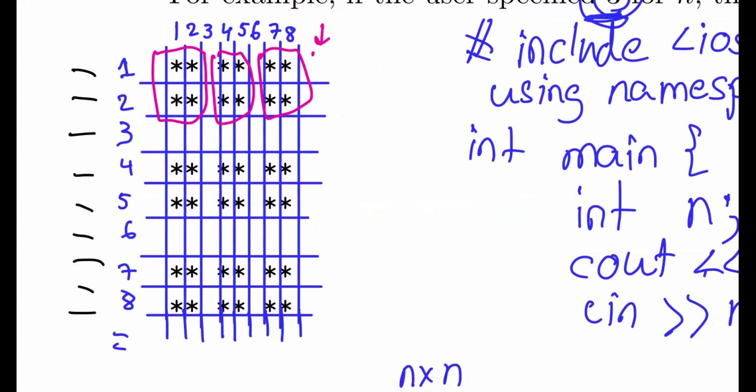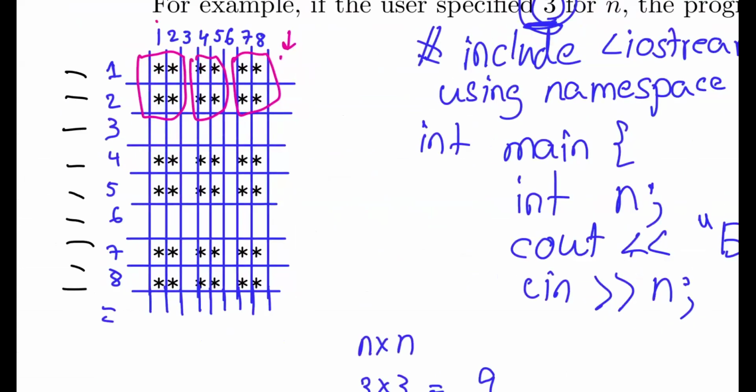So 1, 2 are not divisible by 3. 3 is divisible by 3, so you print a space. And 4, 5 are not divisible by 3. 6 is divisible by 3, so you print a space. This is in the column.